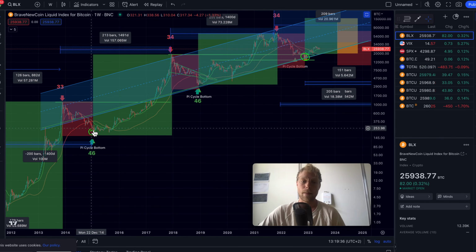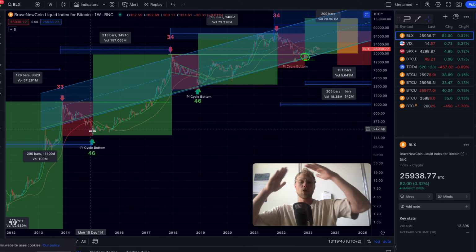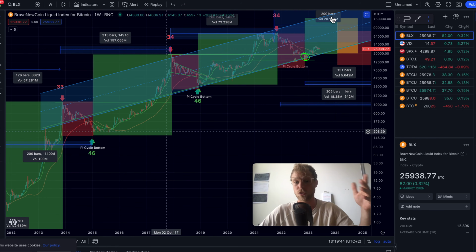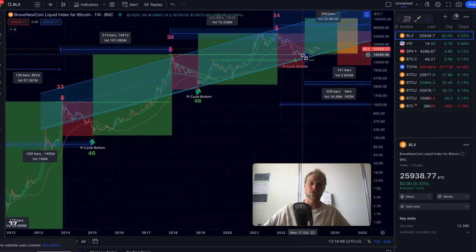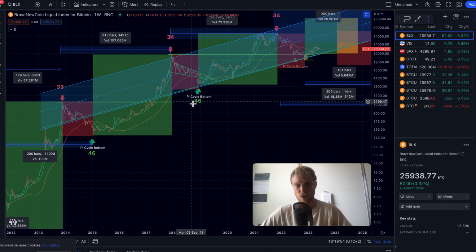But if we can see that the pi cycle top indicator coincides with the top that we are looking at based on time, then of course that is an extra indicator or extra metric that goes in the basket of indicators that might tell you to take more profits, right?